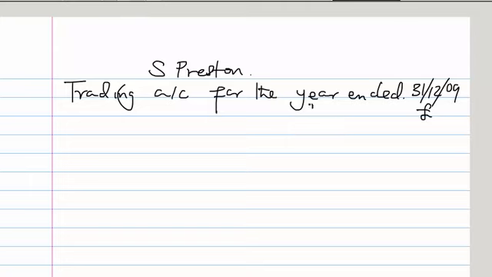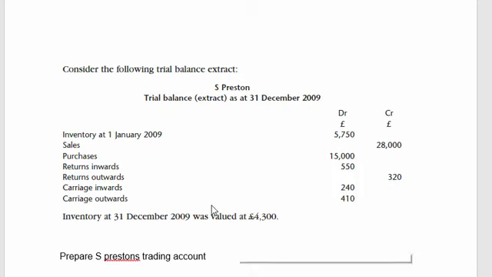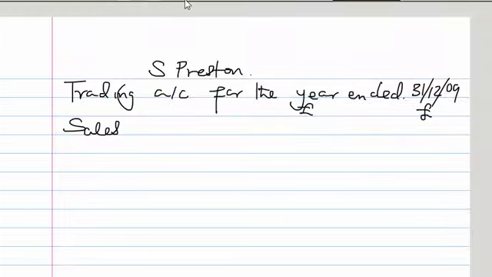So we're preparing our financial statements in pounds, and the next thing you want to do is follow the format. So the way a trading account is prepared is that you start with your sales. So if we go to our information there, our sales were right there, 28,000. So put 28,000 here.